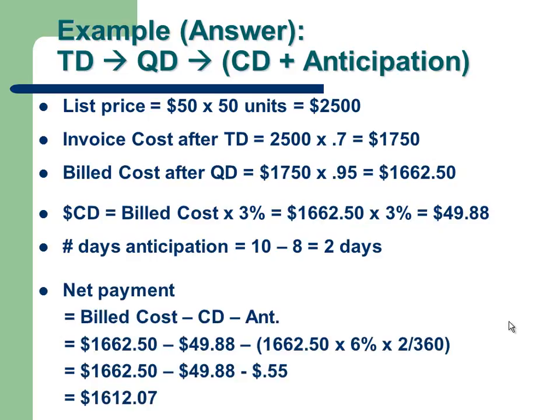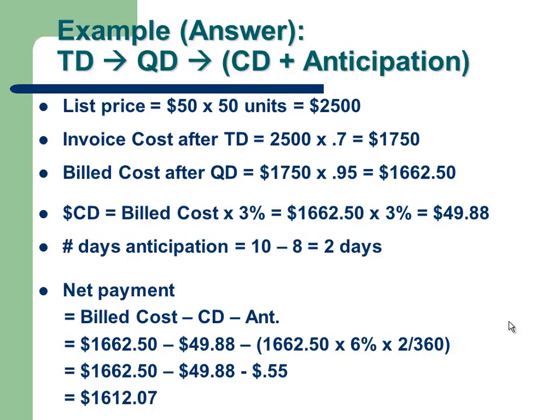Therefore, the net payment that is due to be paid to the vendor will be the billed cost minus cash discount minus anticipation. The billed cost after quantity discount, $1,662.5, minus the cash discount we just calculated, $49.88, minus the anticipation dollar, which we will have to calculate again based on the billed cost, so $1,662.5 times the annual interest rate of 6% that the problem said will be used for the calculation of anticipation.